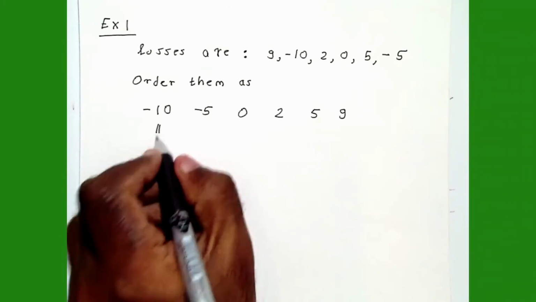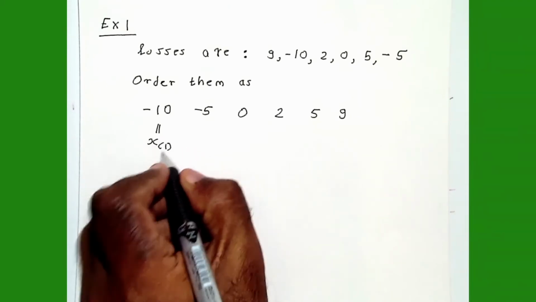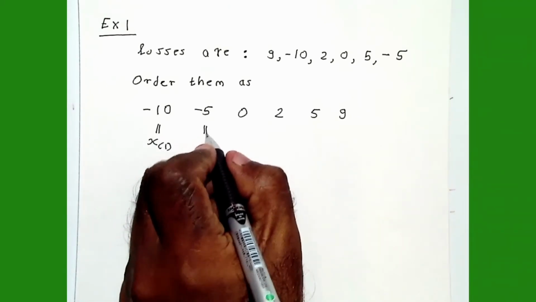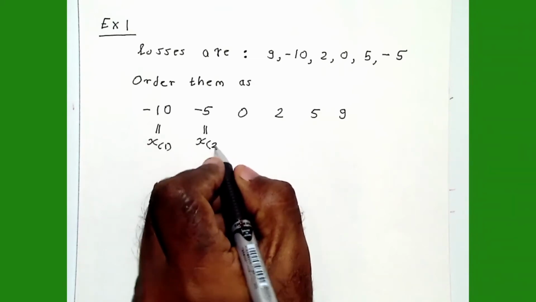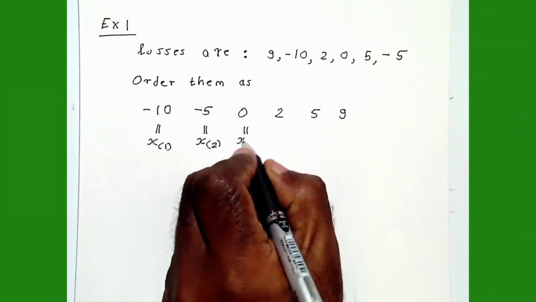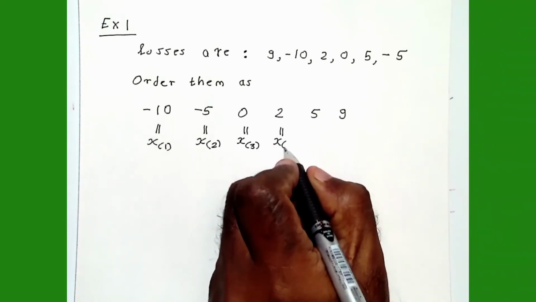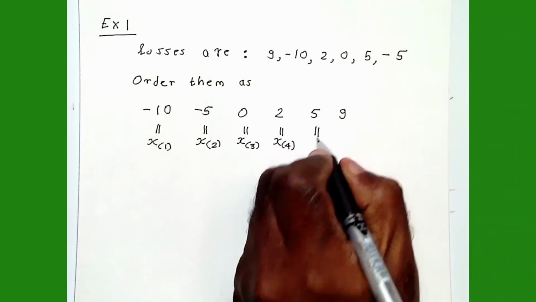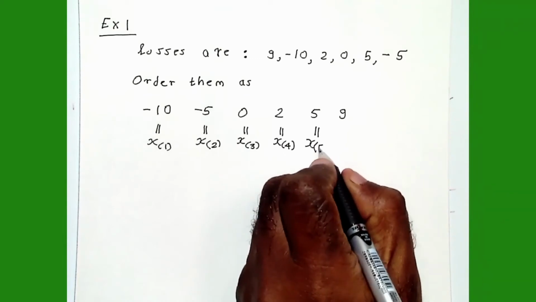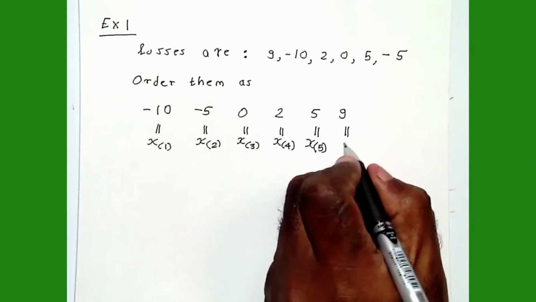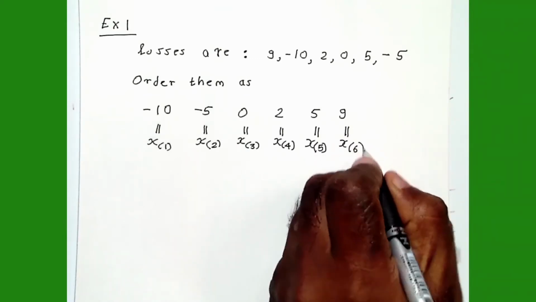So this is your x(1) in brackets, this is your x(2), x(3), x(4), x(5), and this is x(6).